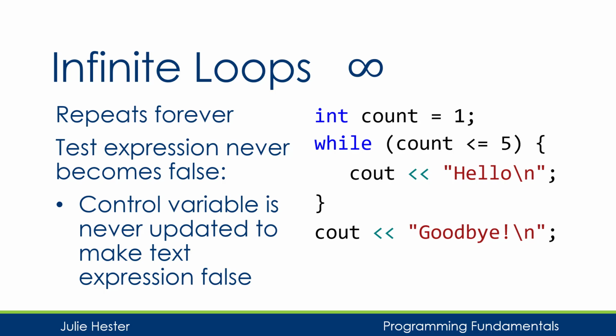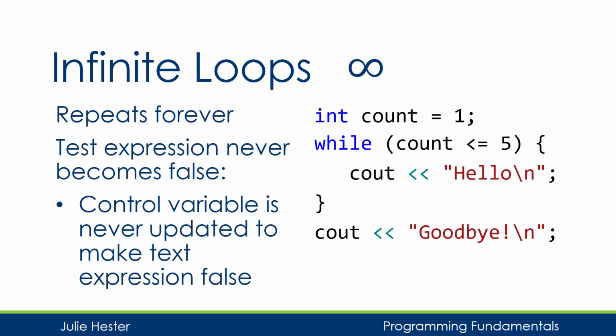This program will never print the line that says goodbye. We will never get to that line in the code because we have an infinite loop. And the loop body is just going to continue to execute over and over because the test expression is always true.